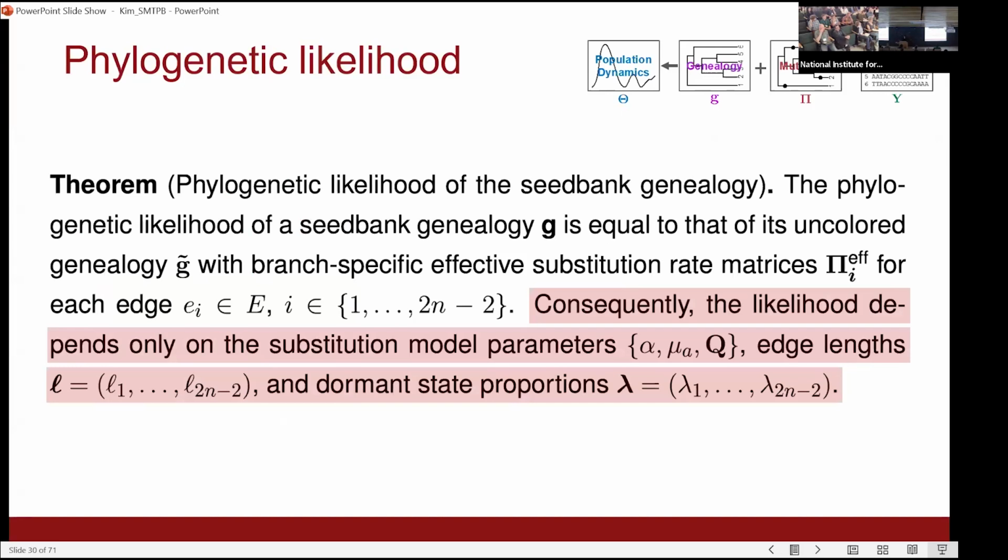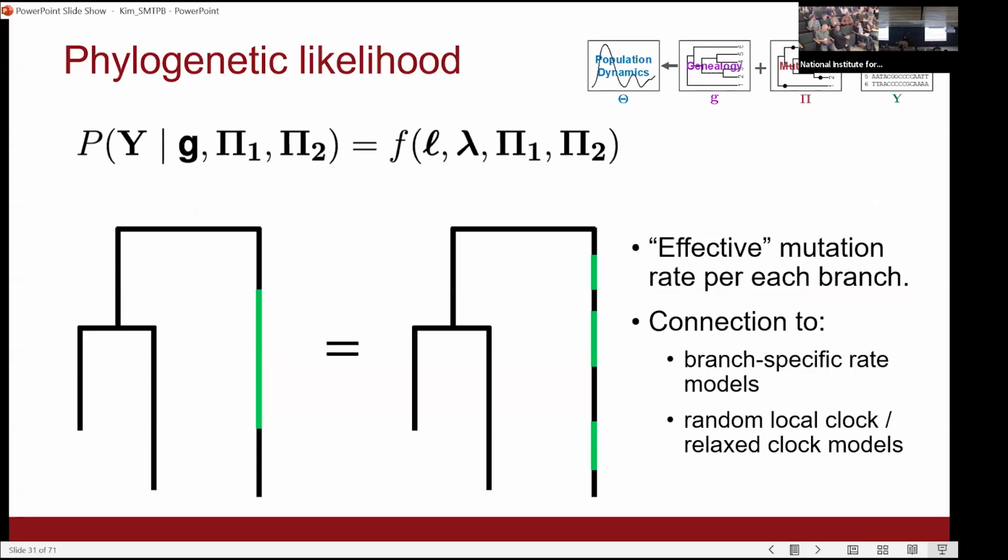We proved that the likelihood under the seed bank coalescent depends only on the substitution model parameter of the active population, the edge length, as well as the total dormant state proportion per branch.